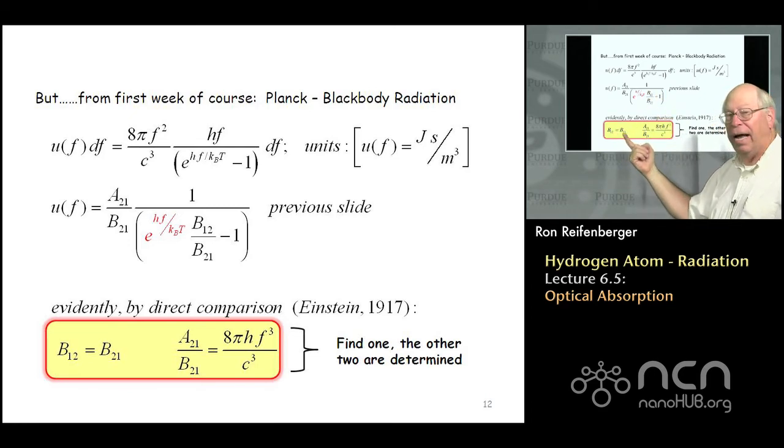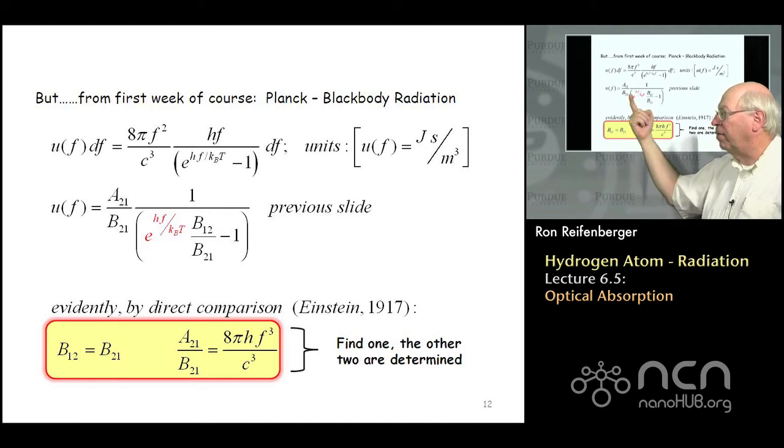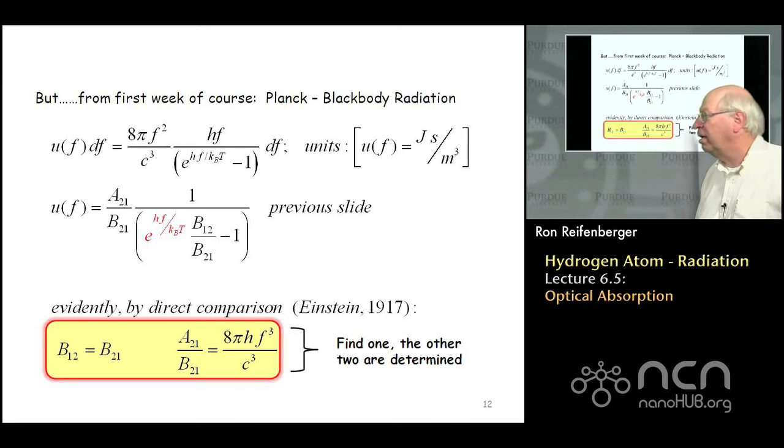And so that implies that these two rate constants are equal. And from the prefactor for U of f, you can see that the spontaneous emission rate divided by the stimulated emission rate has to be equal to this quantity that multiplies this exponential term, right?